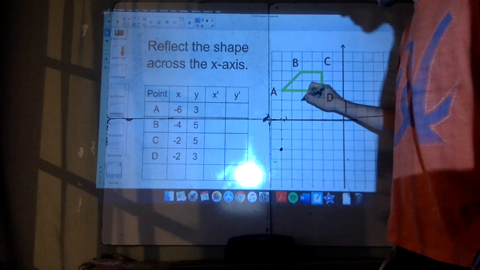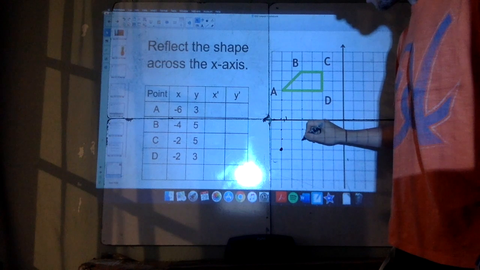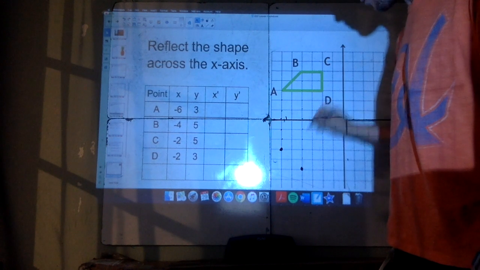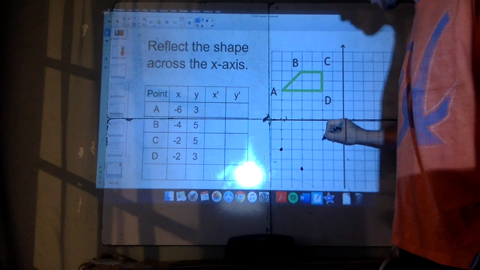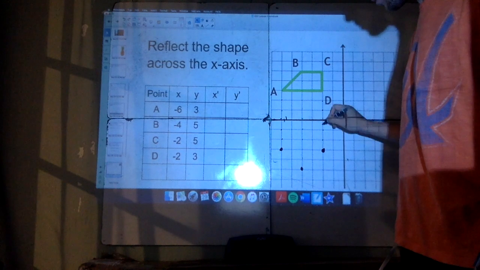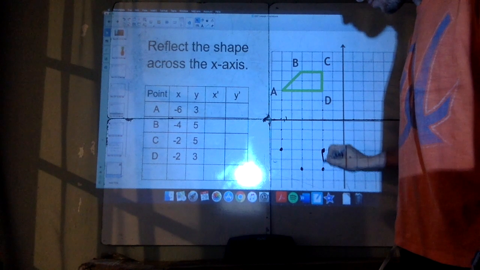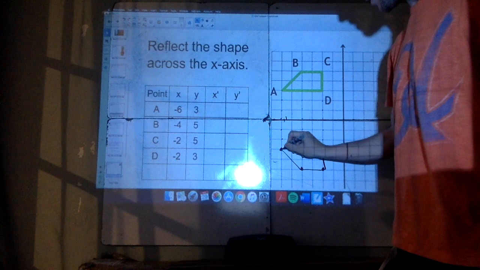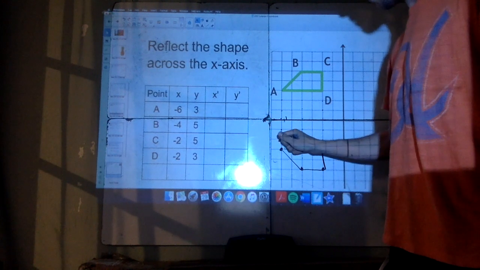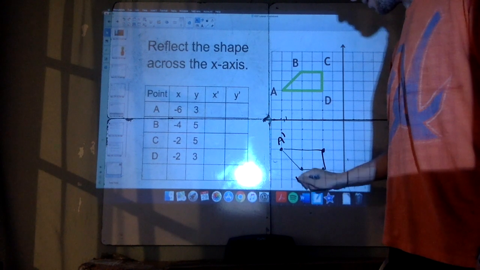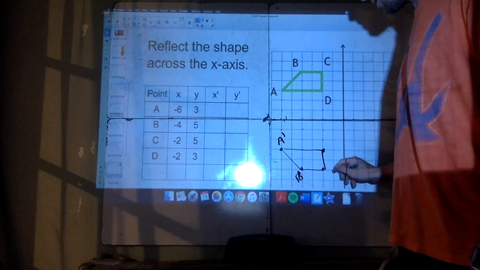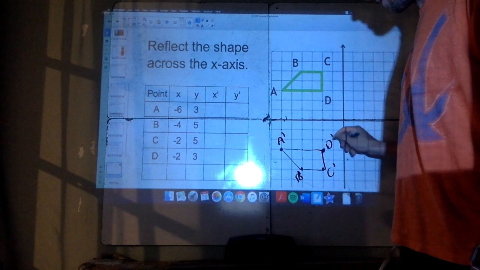We're going to continue with B, 5, 5, 3, and 5. And so we get this shape down there. Let's make sure we're labeling it right. We have A prime, B prime, C prime, and D prime. So let's get the new coordinates for this.